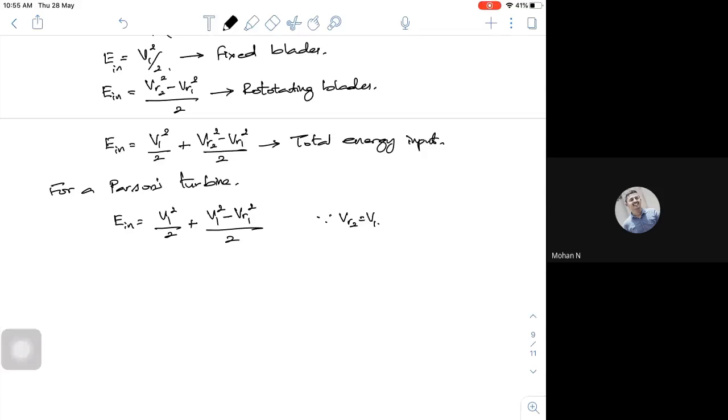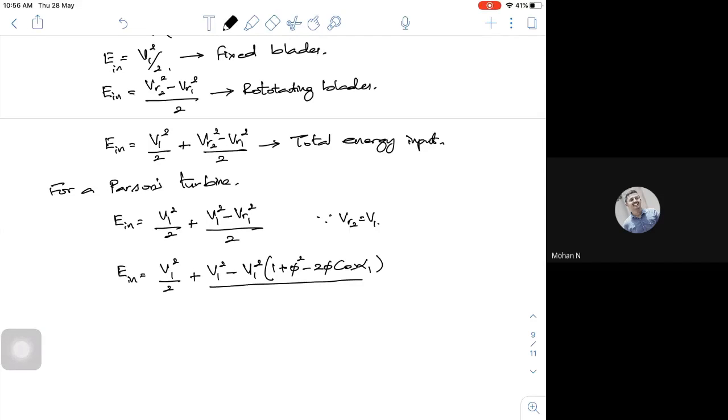So total energy input E in is equal to V1 square by 2 plus V1 square minus VR1 square by 2, which is V1 square by 2 plus V1 square by 2 into 1 minus 1 plus phi square minus 2 phi cos alpha 1.